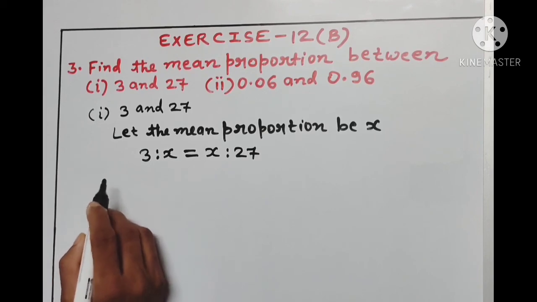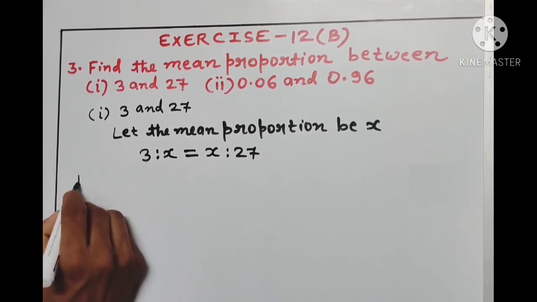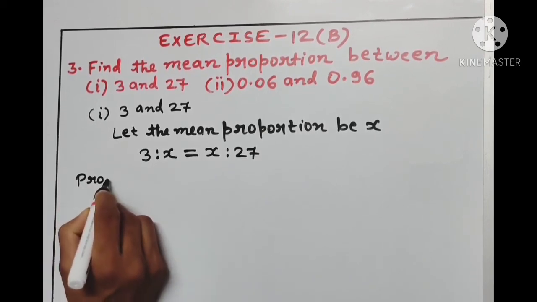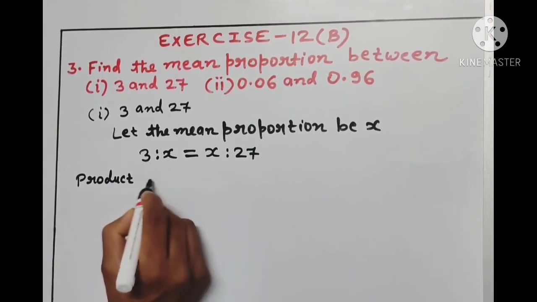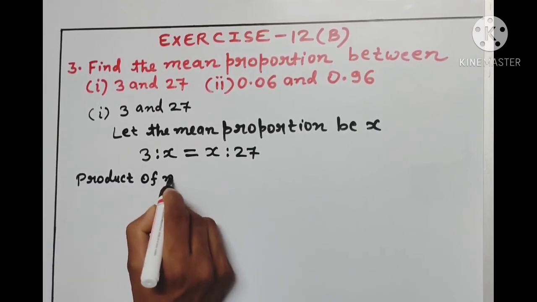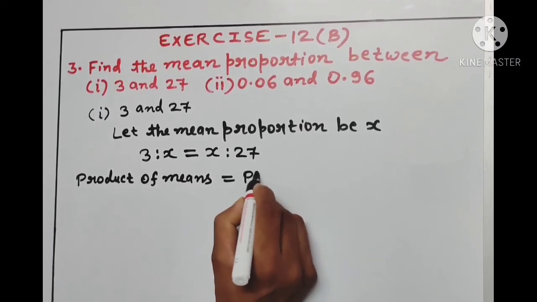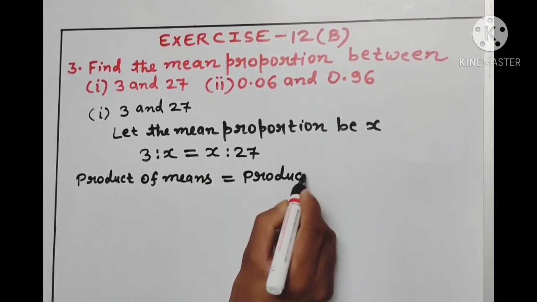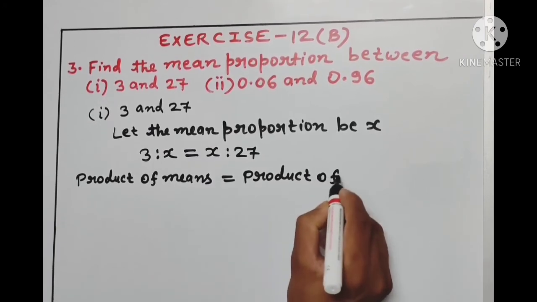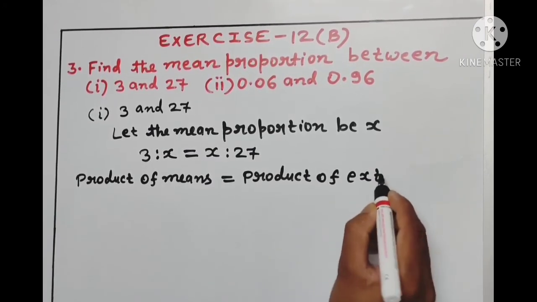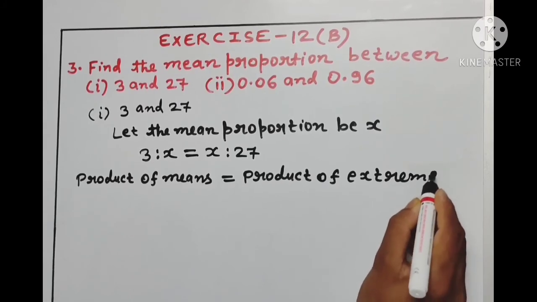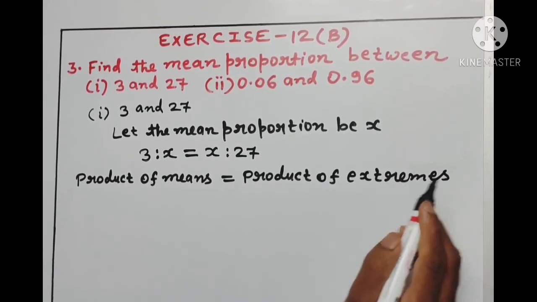What is the rule of the proportion? Product of means is equal to product of extremes. Okay.